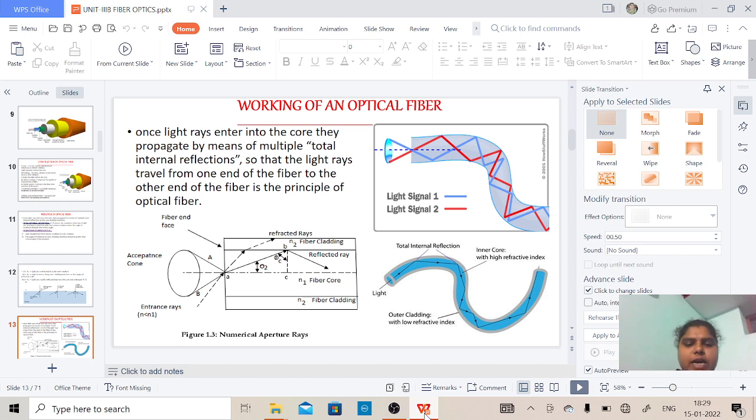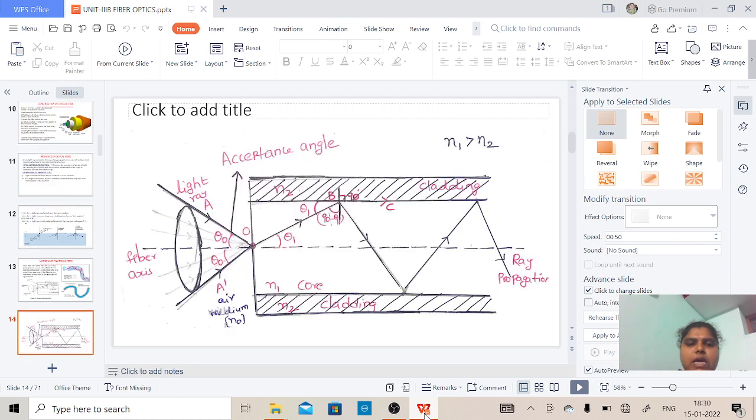In this particular diagram, the refractive index of the core is n1 and the refractive index of the cladding is n2. We look at how the entrance rays and refracted rays will be, the acceptance angle condition, and how the ray propagates inside the core.